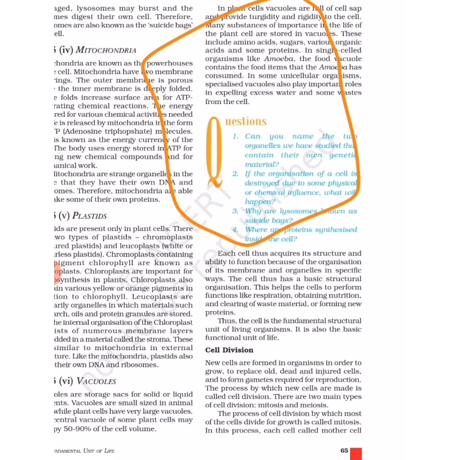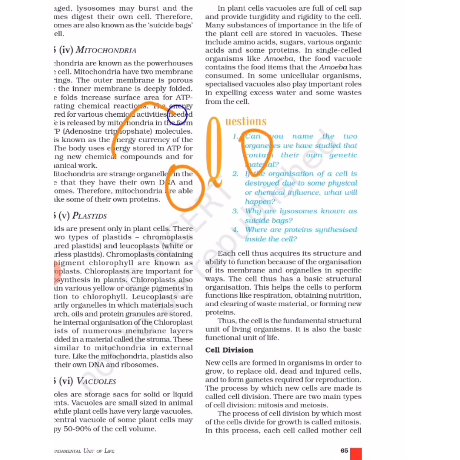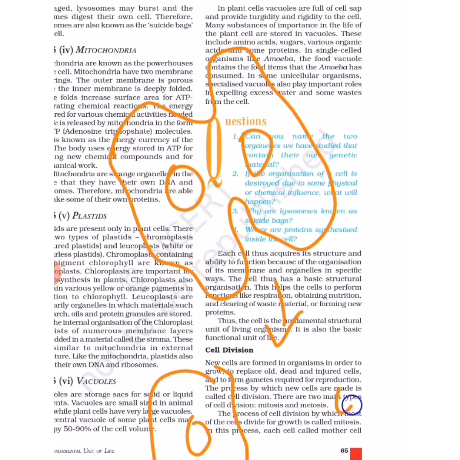So when a cell has to divide, the nucleus first divides into two, and then the cytoplasm also divides, leading to the formation of two cells.